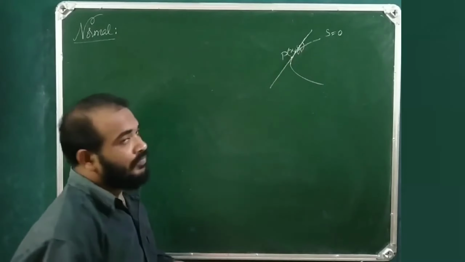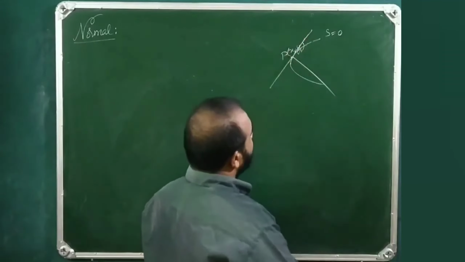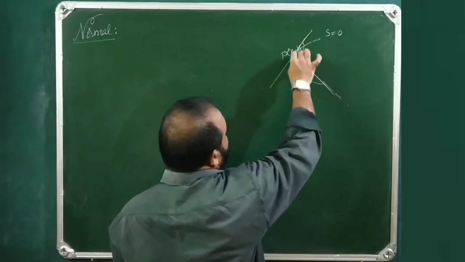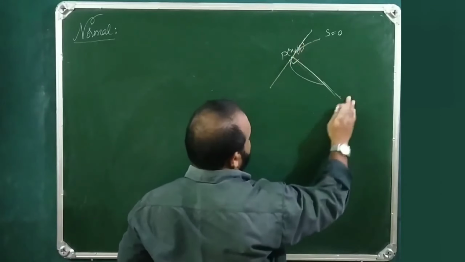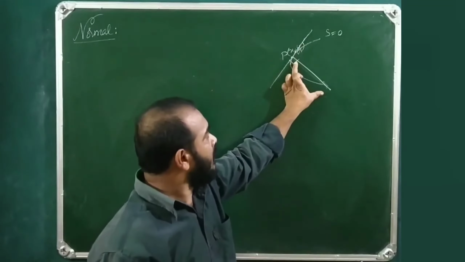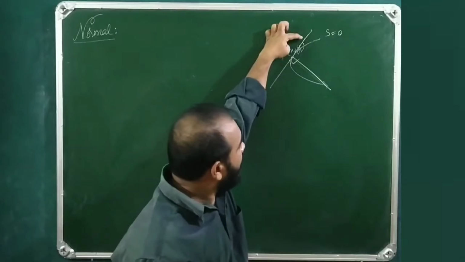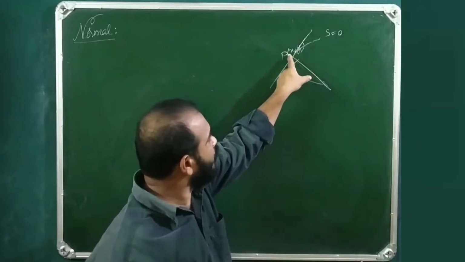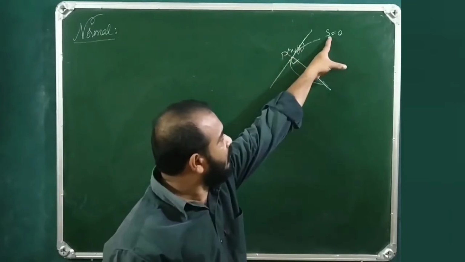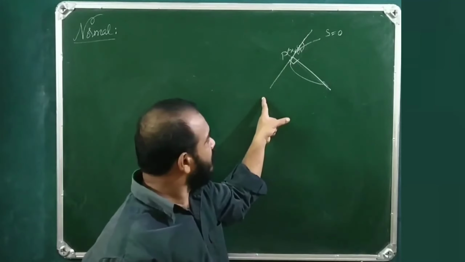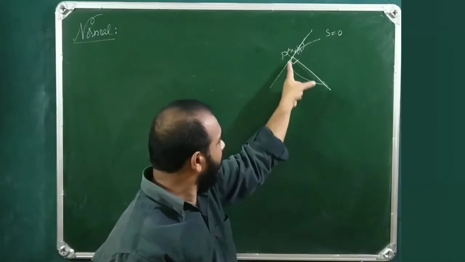The line which is passing through P, the point of contact of S equals 0 and the tangent, and not only that, this line is also perpendicular to the tangent.